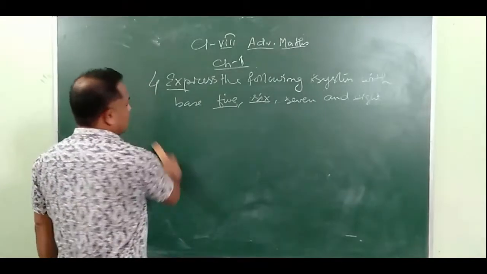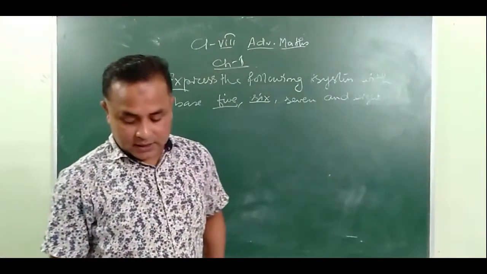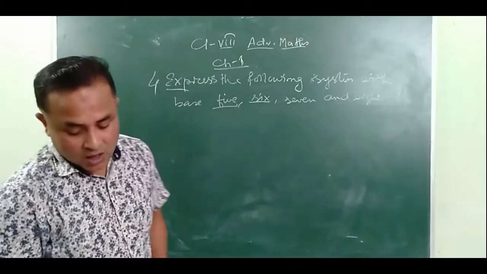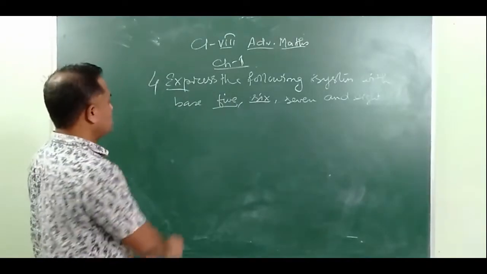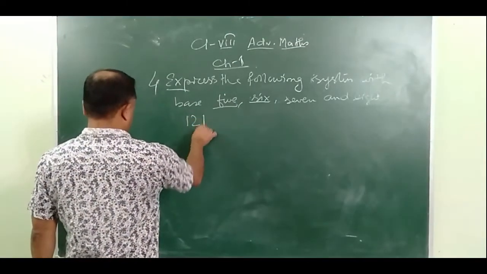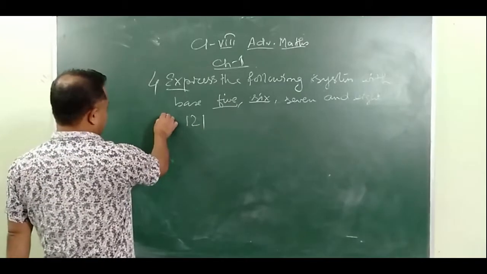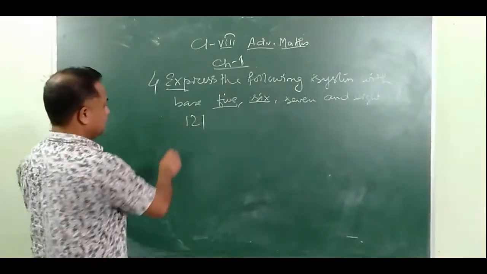Similarly, let's take another example of 3 digits, that is 121 of question number 6.